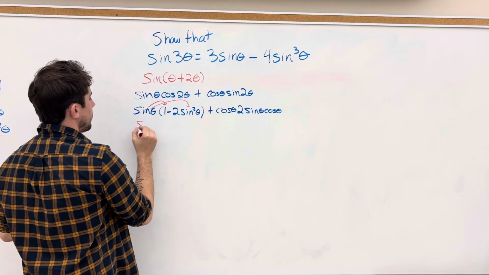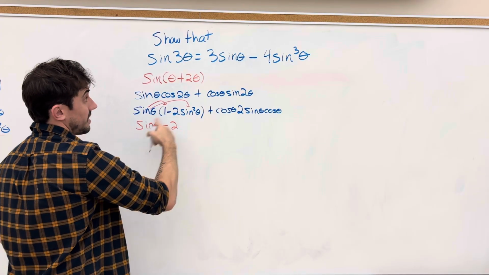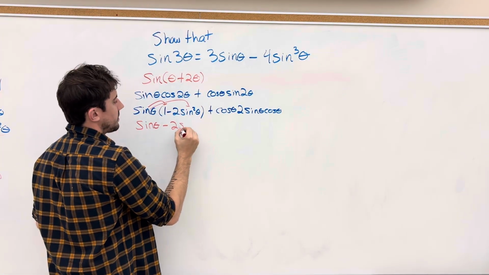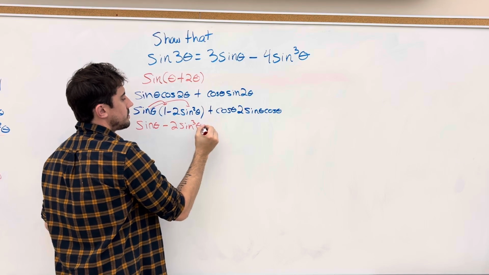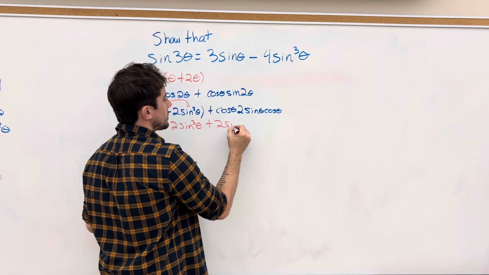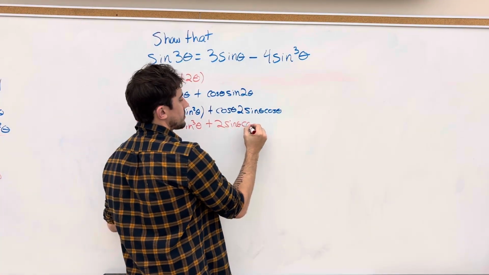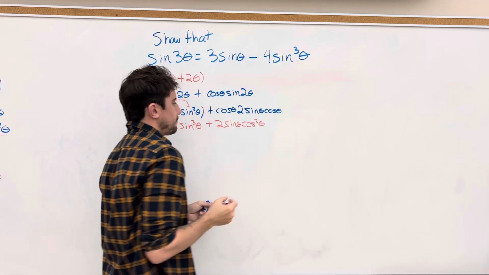So we'll have sine of theta minus 2 sine cubed theta. That seems encouraging. Plus 2 sine theta cos theta times cos theta gives us a cos squared theta term.